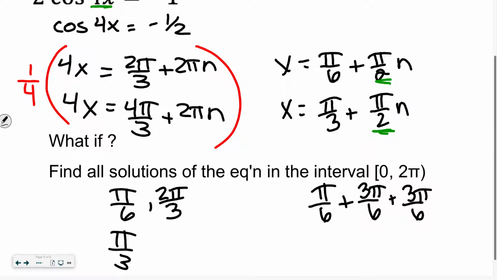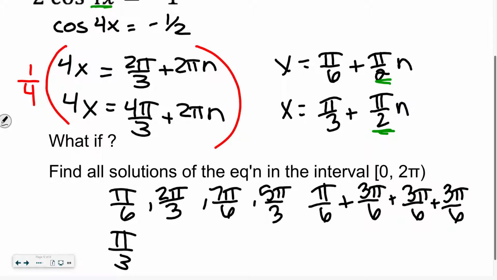Yeah, because then I'd be at 7 pi 6. And could I add another period? 7 pi 6 plus 3 pi 6 is 10 pi 6. Is that less than 2 pi? Yeah, it's 5 pi thirds.